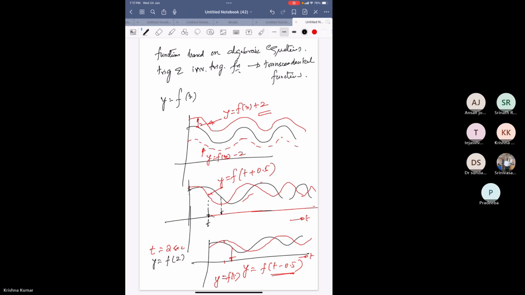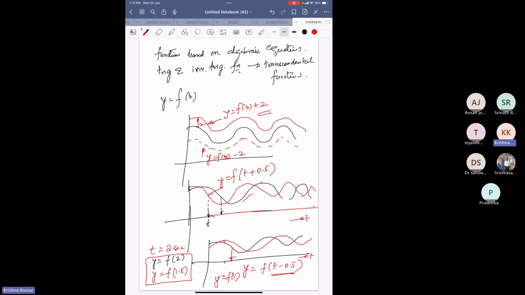Now the new one, what I've shifted is 1.5, minus 0.5. So what do you make out of this? Whatever has happened is 0.5 seconds earlier, so t is 1.5.